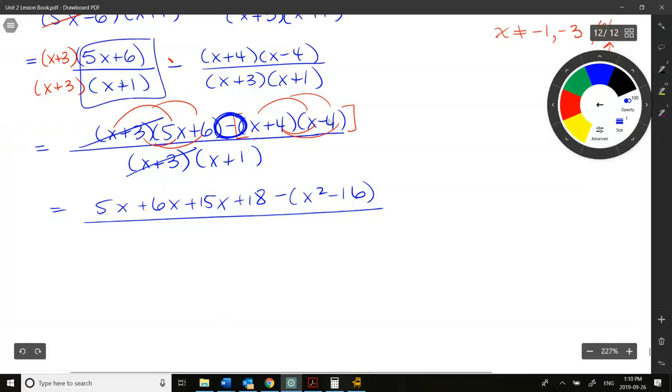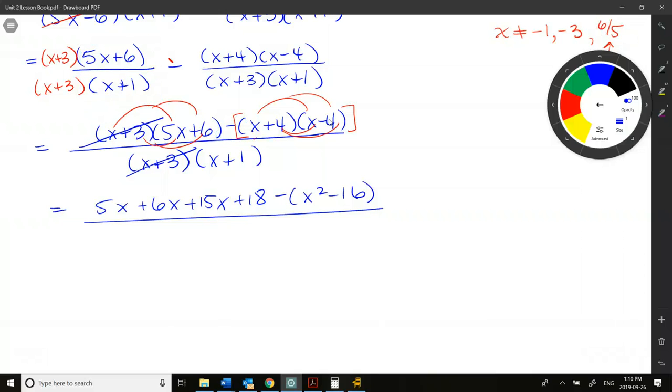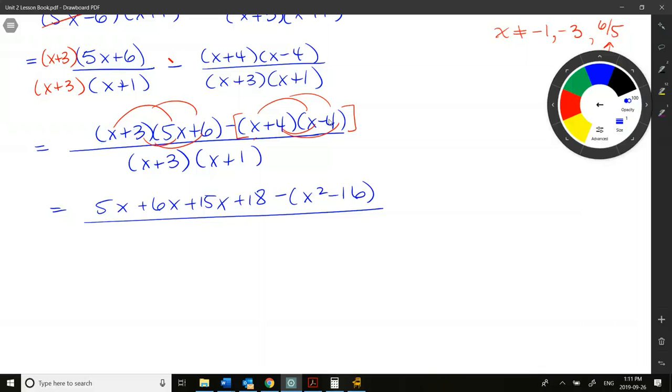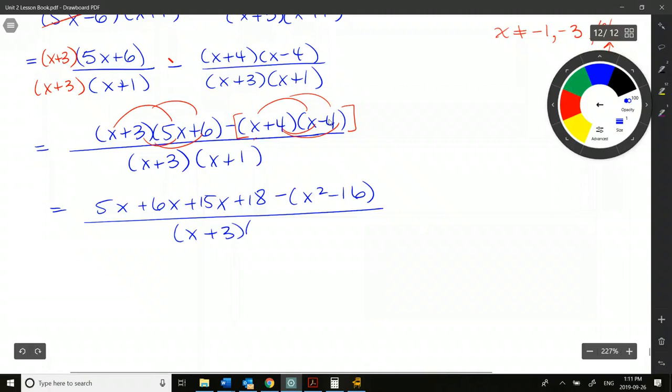That's not really the point. We're trying to merge these fractions into one so we can actually subtract them, right? So I really can't do this here because I'm canceling it out from one part but not the other part of this fraction since they're separated by a subtraction. I could FOIL the bottom, but it's already in perfect factored form, so there would be no point in me doing that.